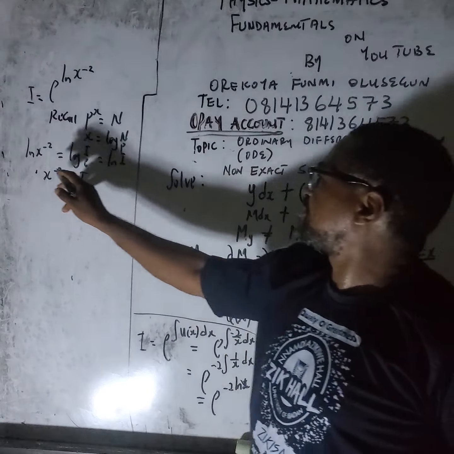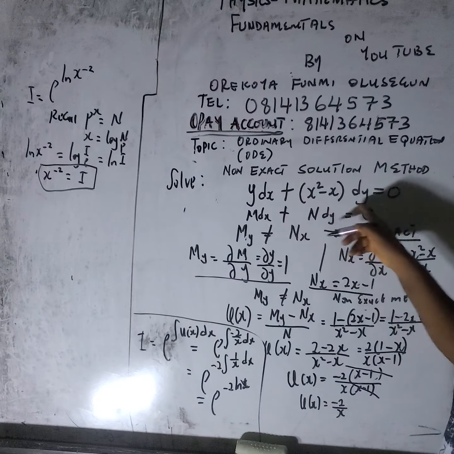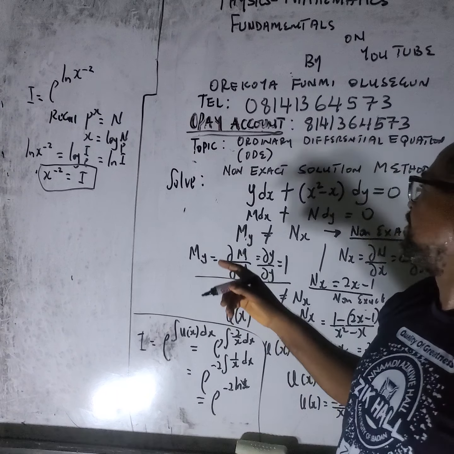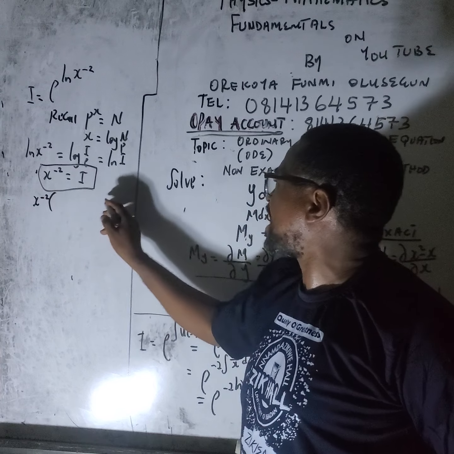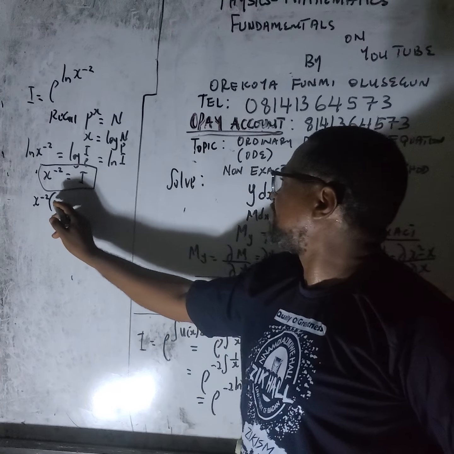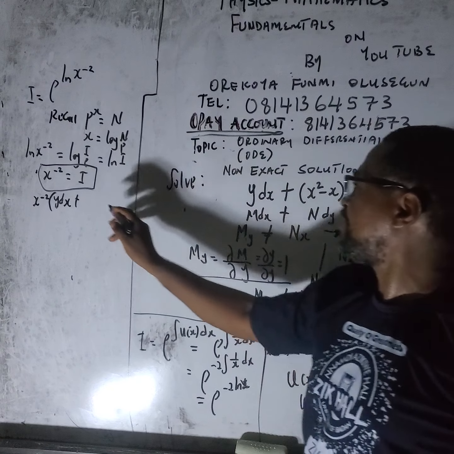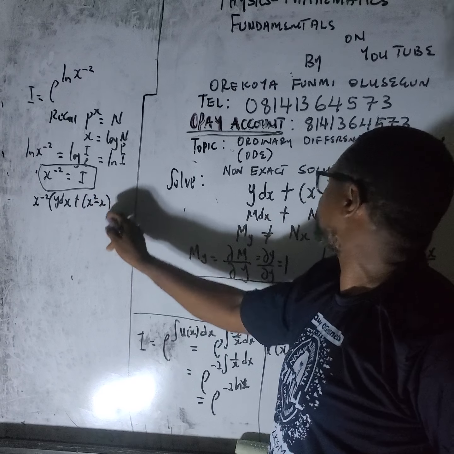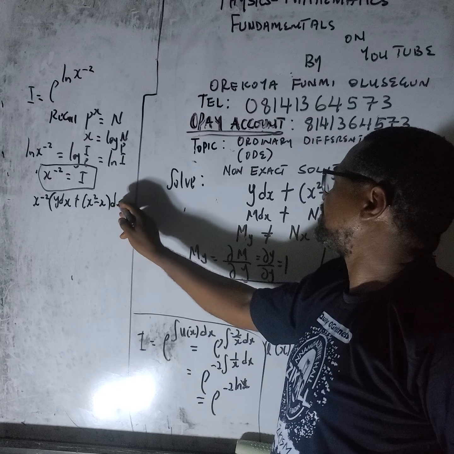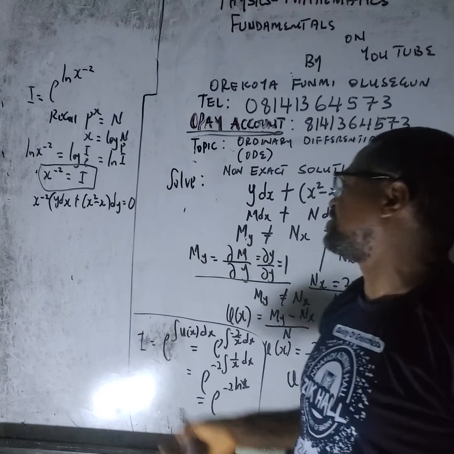So I'm going to use this integrating factor to multiply the original equation given. I'm going to have x raised to power -2 multiplying everything. That is y dx plus x squared minus x dy is equal to 0, because this 1 times 0 will give us 0.